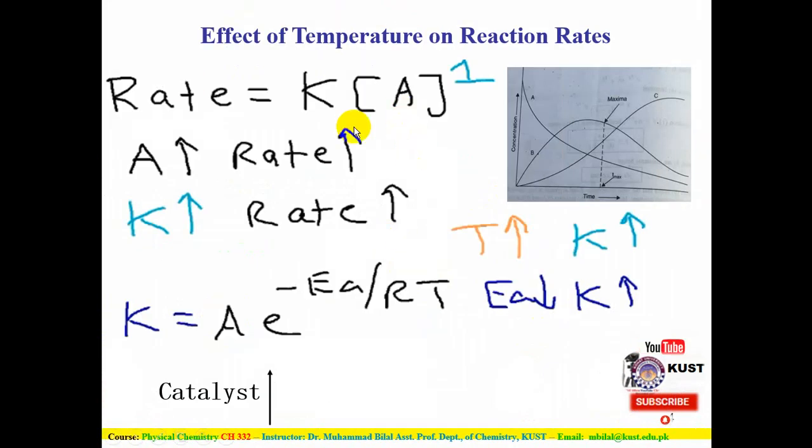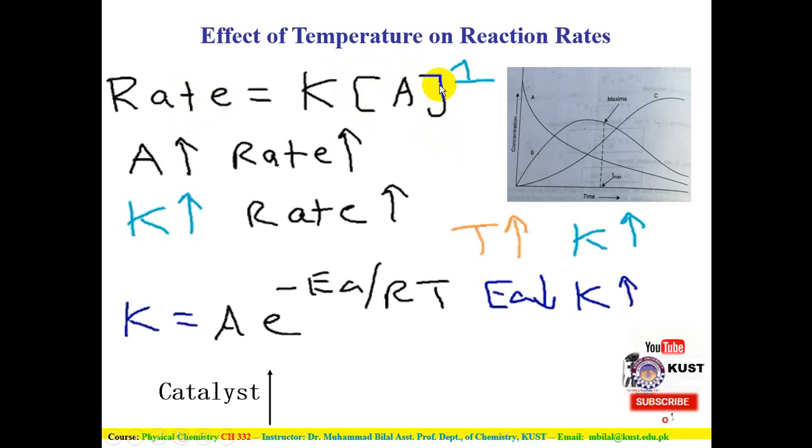So we know the rate of the reaction is the change in the concentration of reactant or product. This depends upon different parameters. The first one is the concentration of the reactant, so it depends upon the order of the reaction.